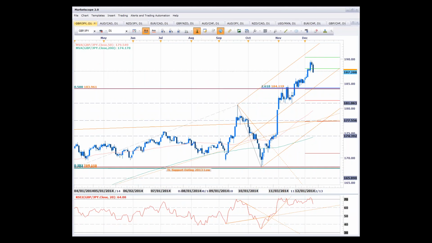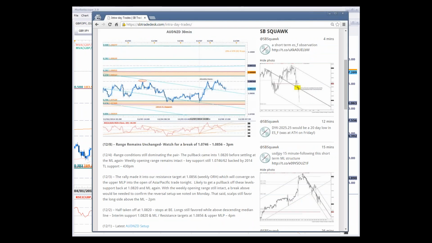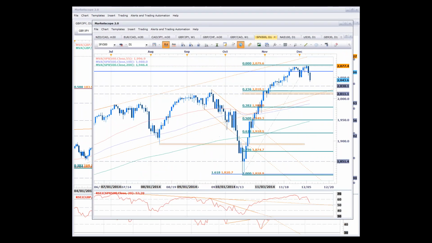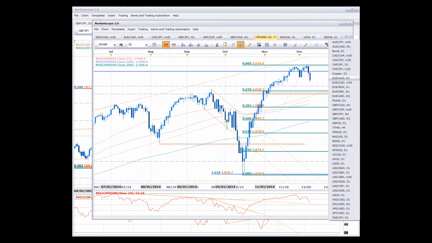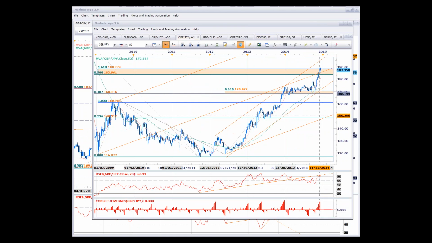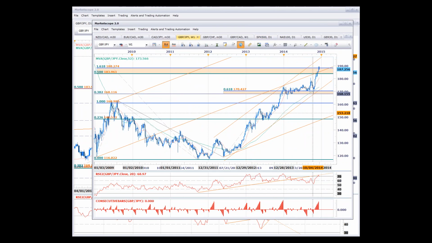This is certainly a trade that I've been following on a more broader basis. I do want to just bring your attention to the weekly chart for it real quick. So sterling yen, for those of you who read the DailyFX yearly forecast, sterling yen was the trade of the year that I published back in December of last year. We were trading right around this 170.40 barrier.